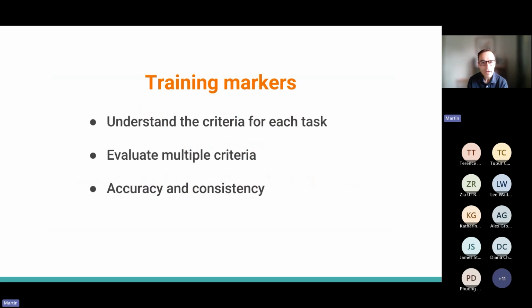So what Laura was talking about there is the kind of thing that, when we come to training human markers, those human markers would have to take into account all of those criteria that we've just been looking at. So they'd have to understand the criteria for each task. And when they're listening and assessing, they're going to have to evaluate multiple criteria.